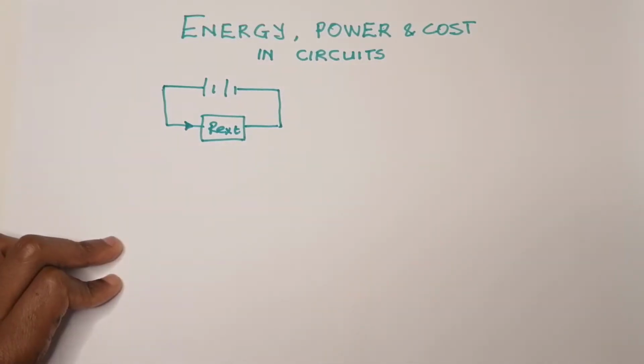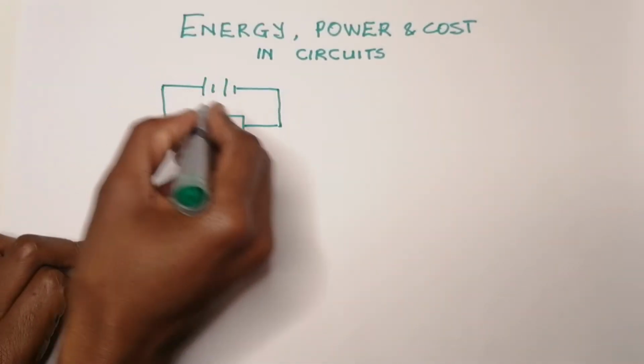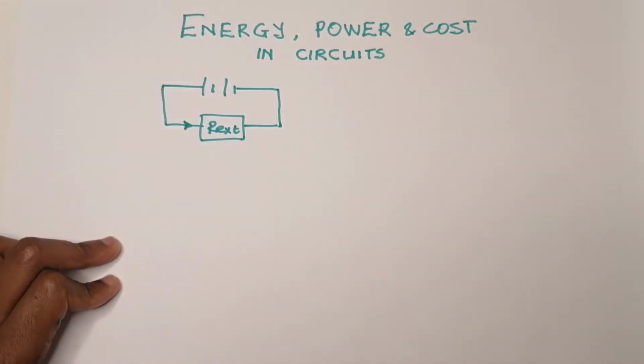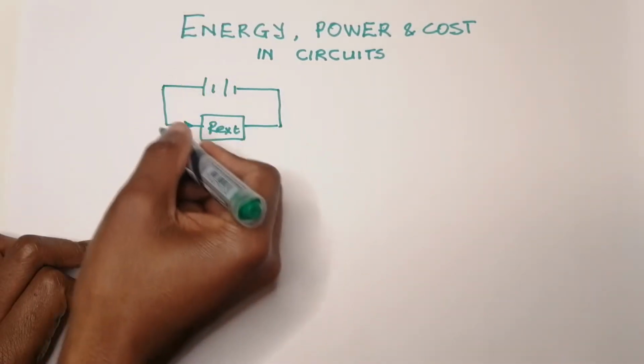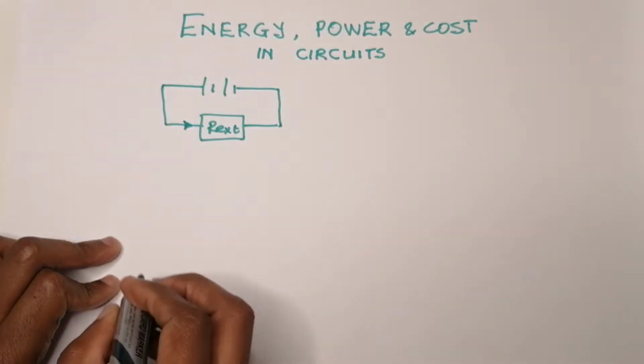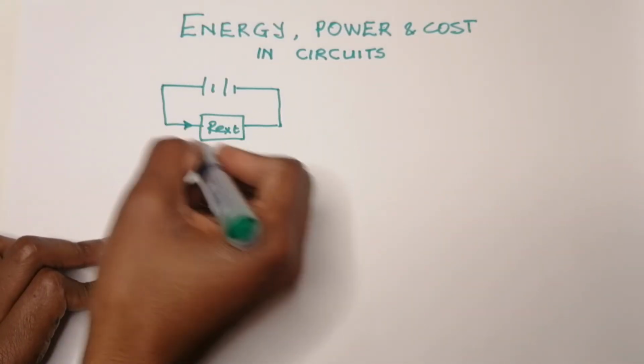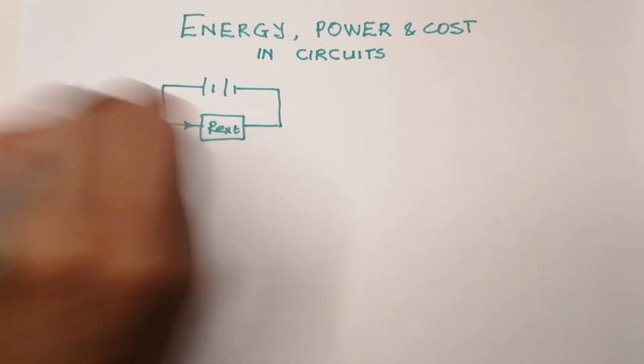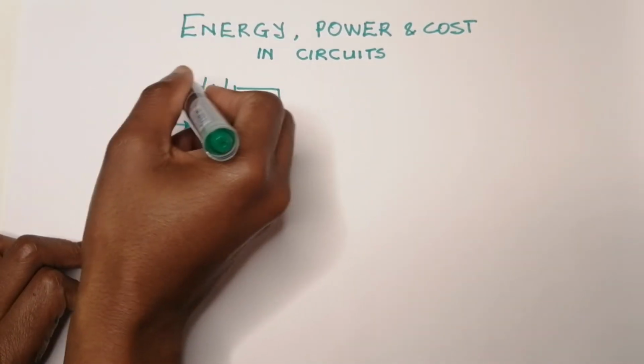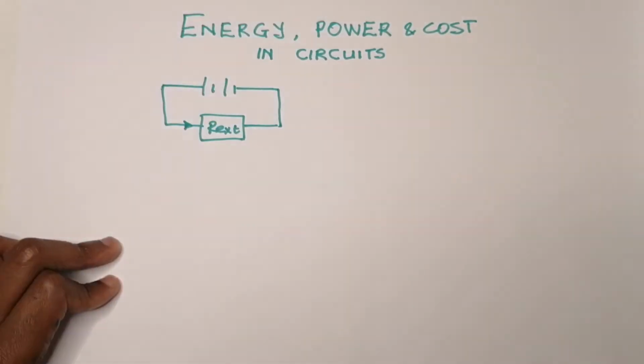Now, the battery supplies us with electrical energy, and current will therefore flow into the external circuit, and whatever we have in the external circuit consumes the energy. So the battery supplies the energy, and that energy is consumed by the external devices.